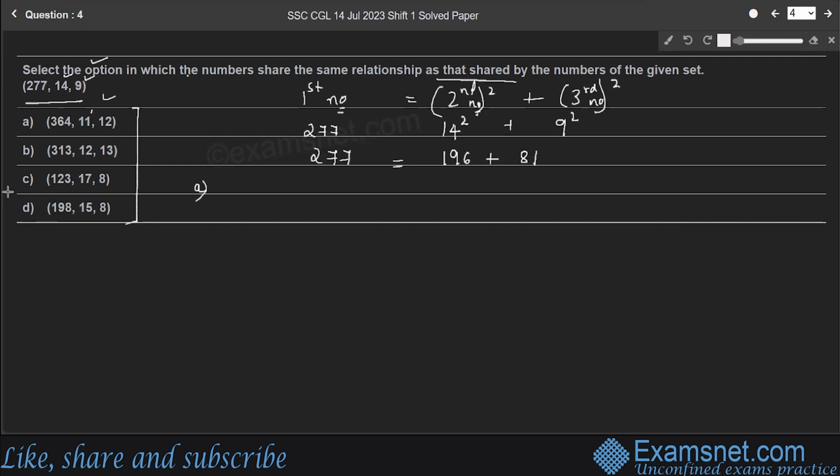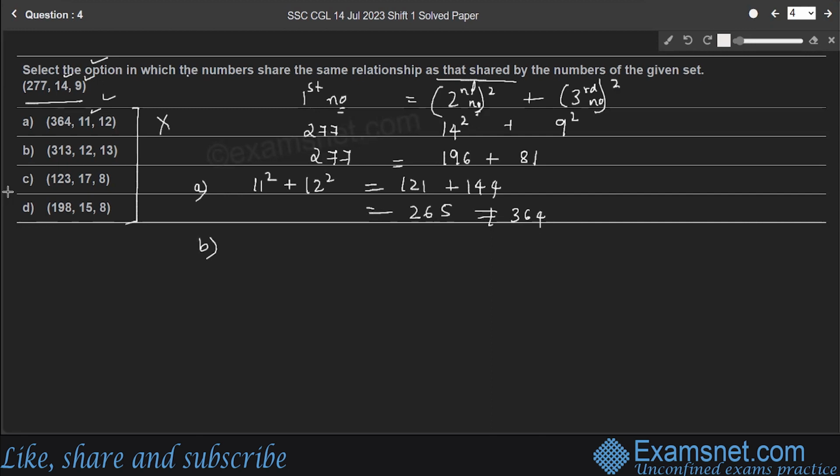The second number is 11. 11 square plus 12 square: 11 square is 121, 12 square is 144, which is equal to 265. So that is not equal to the first number, which is 364.